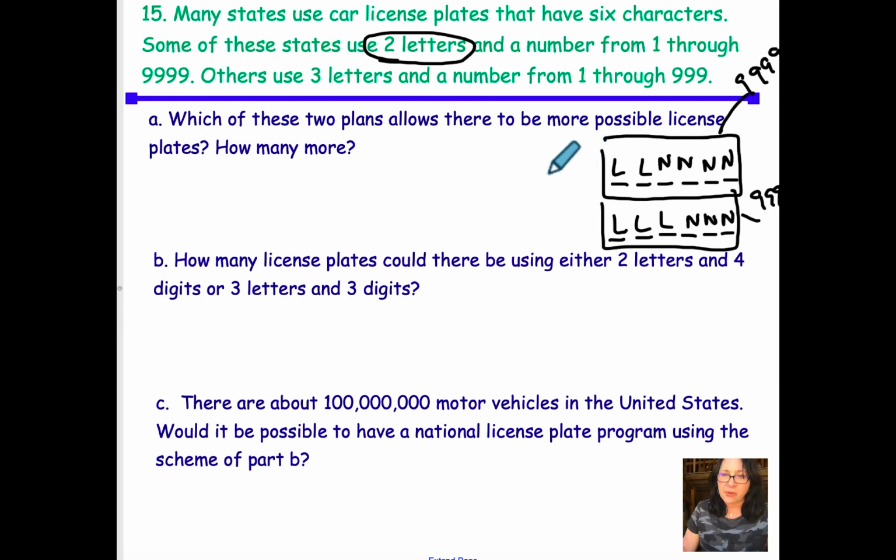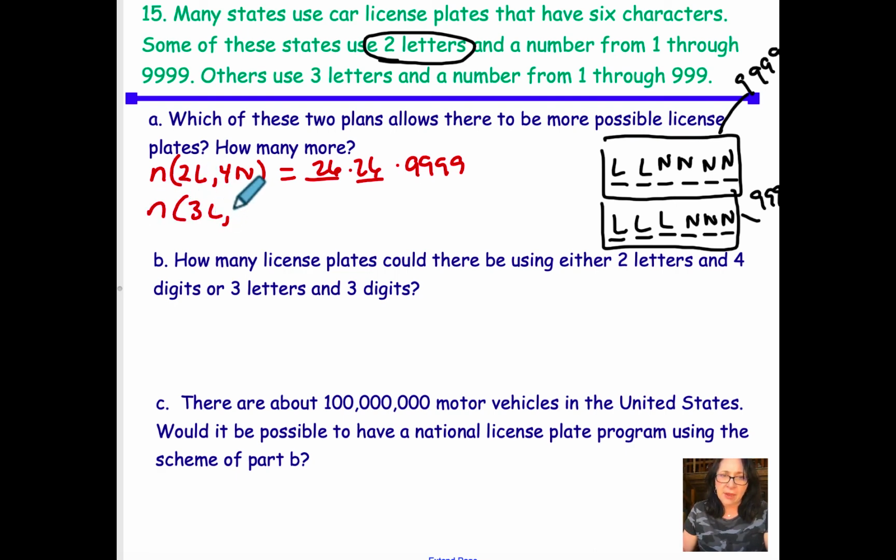Well, for the first one, the number of 2 letters and 4 numbers is 26 times 26 times 9,999. The second one is the number of 3 letters and 3 numbers, so that would be 26 times 26 times 26, and then times 999.